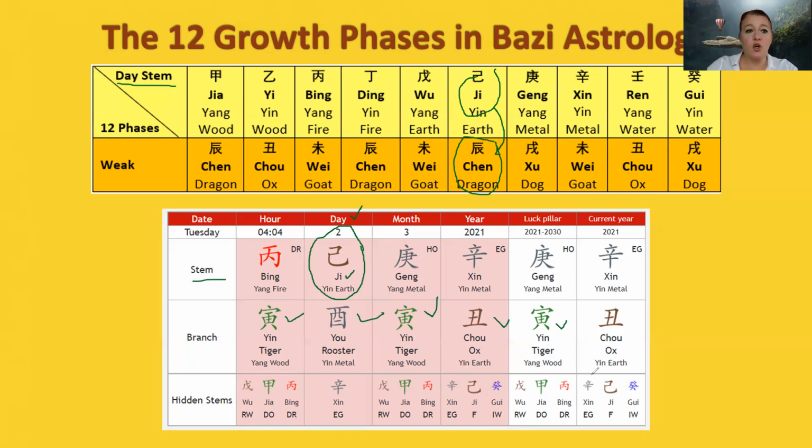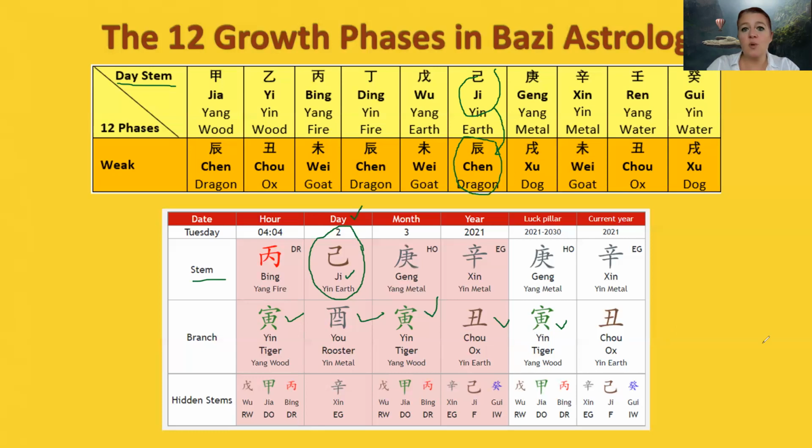Obviously, it will not be in the current year, because the current year is the ox year. So anywhere here, there are 5 options to see whether you have the weak phase anywhere in your natal chart or in your luck pillar. Now, for this person, there is no dragon there. So that means that this person does not have the weak phase in the natal chart.